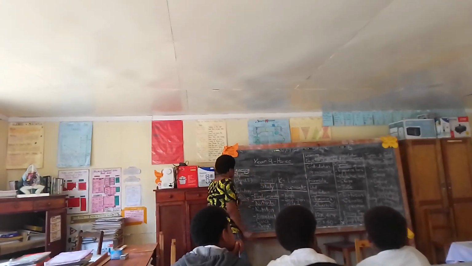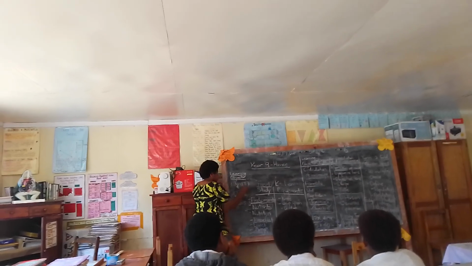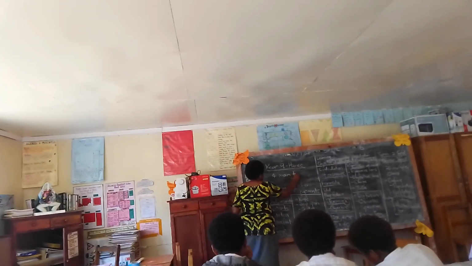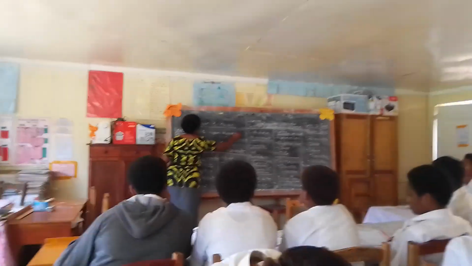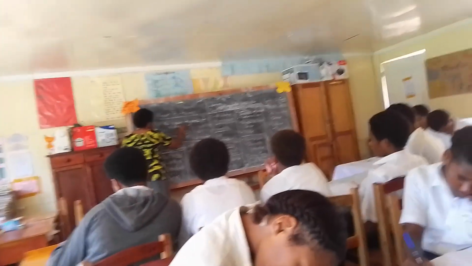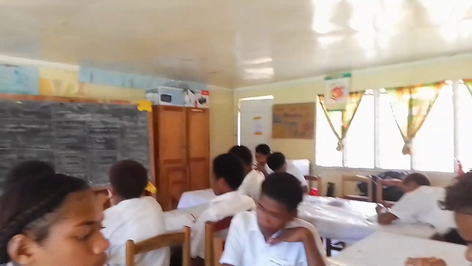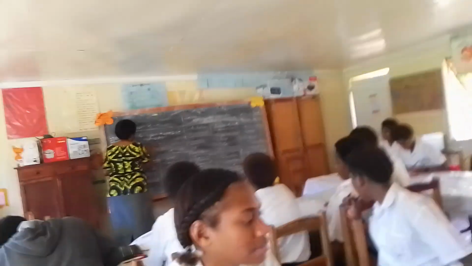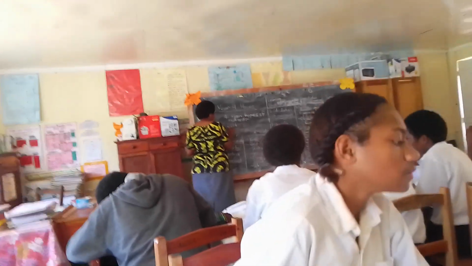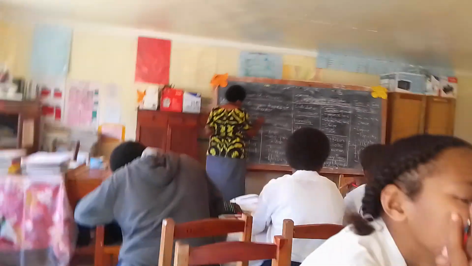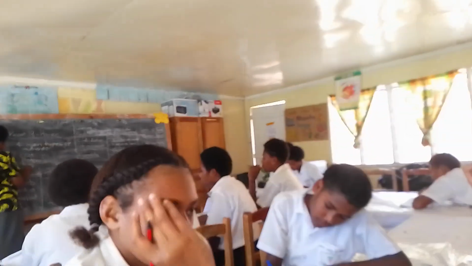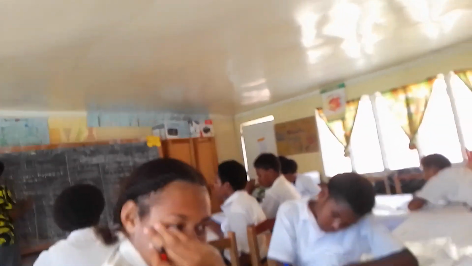The four main types of nutrients: you have carbohydrates, protein, fats, vitamins, and minerals.